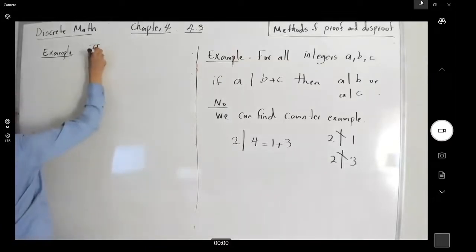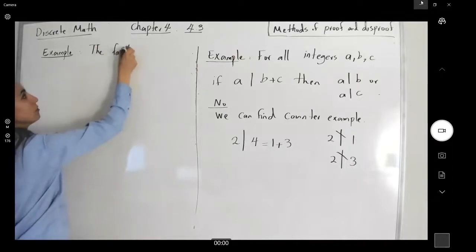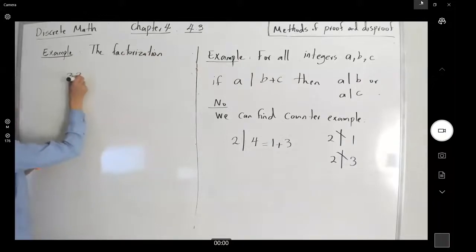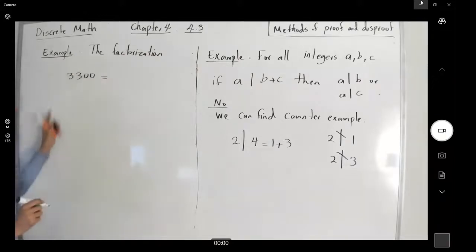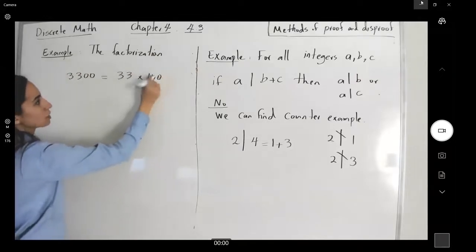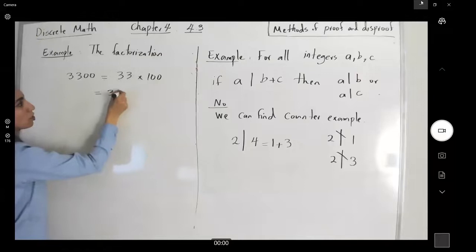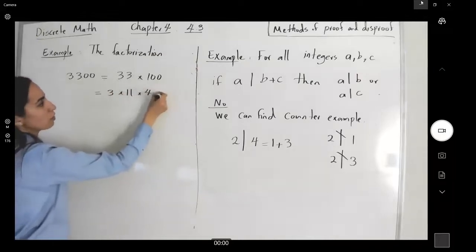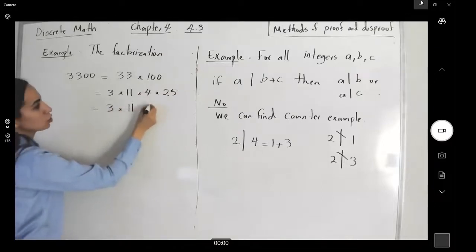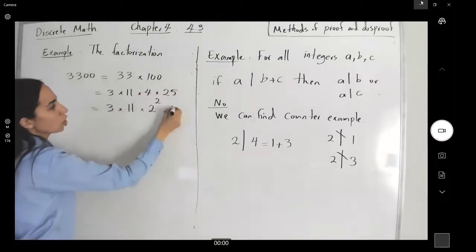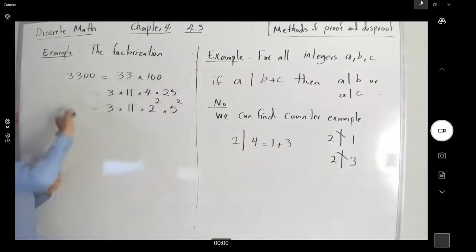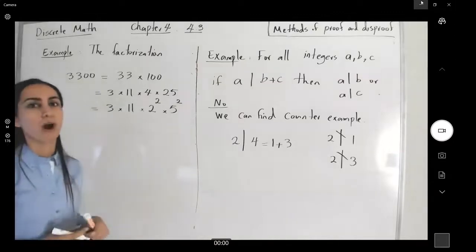So the factorization of 3,300: this can be written as 33 times 100, which is 3 times 11 times 4 times 25, which is 3 times 11 times 2 squared times 5 squared. So this is the factorization of this number into primes.